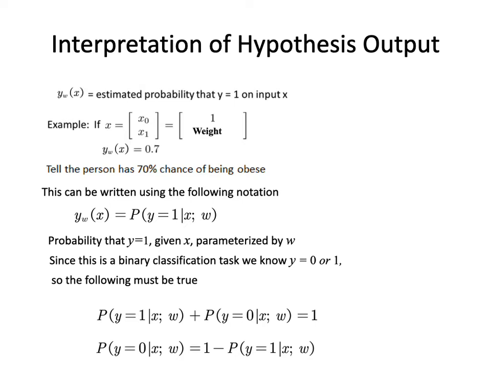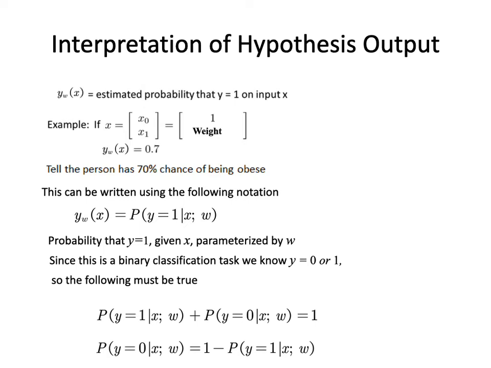In other words, the y hat, which is our model output, represents the estimated probability that the label or output y is equal to 1 for a given input x, which can be written using the following notation.